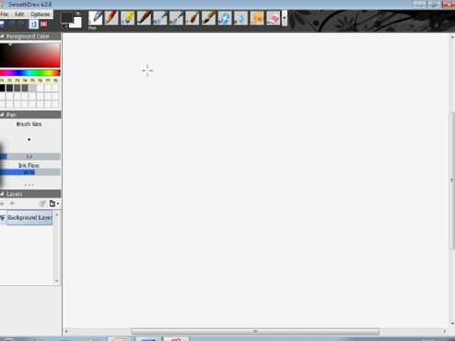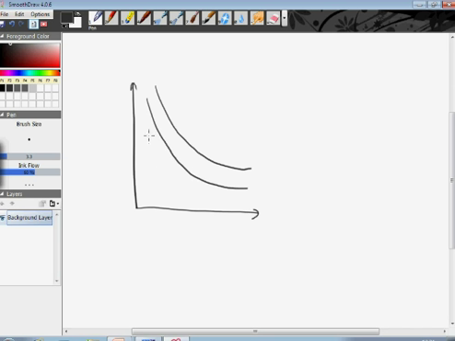We draw the indifference curves. Suppose this is IC1, this is IC2, and this is IC3. The indifference curves IC1, IC2 and IC3 present here a hypothetical indifference map of the consumer.